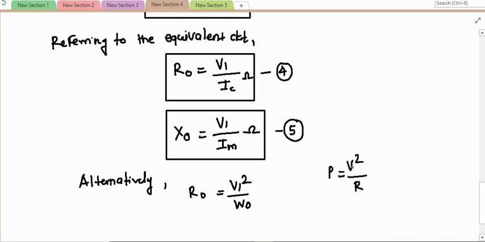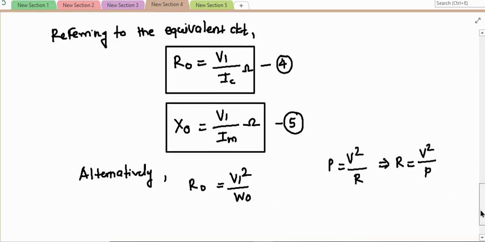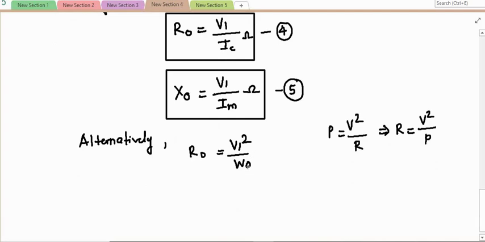So R I can write down as V square upon the power. So what is the power in our case? W0. So R is equal to V square upon P, means ratio of voltage square upon P. So what is the voltage in our case? V1 square upon what is the power in the primary? W0. So I can find out by this method also.